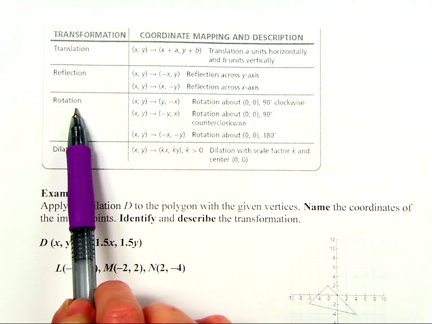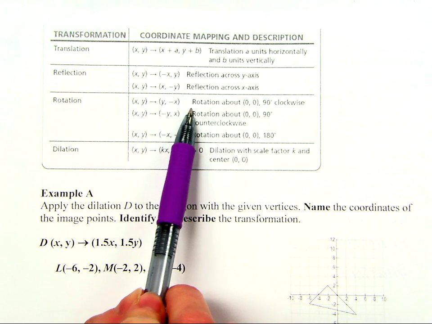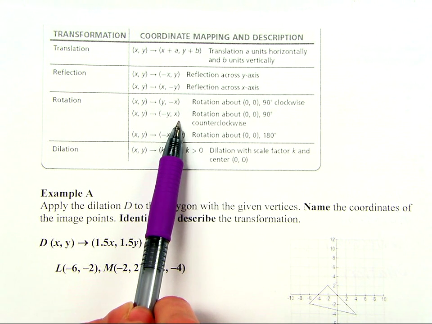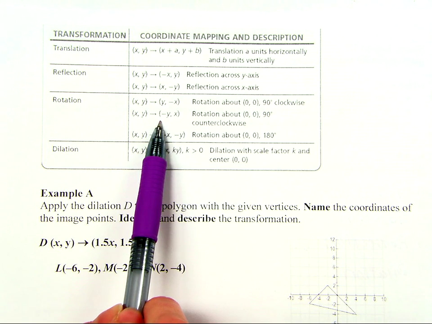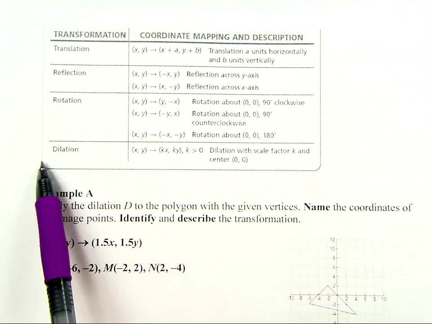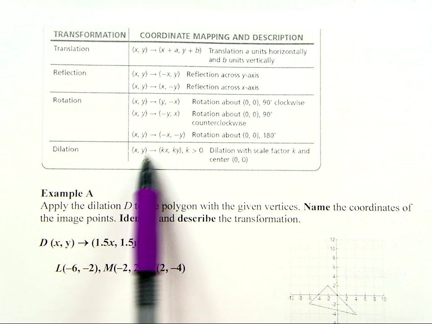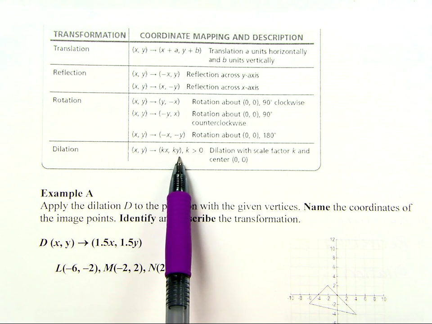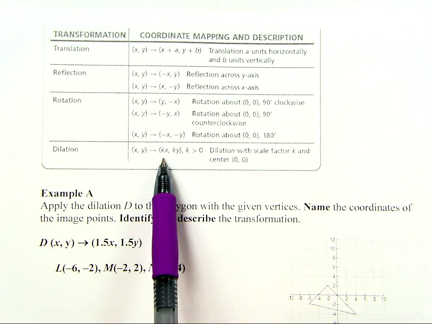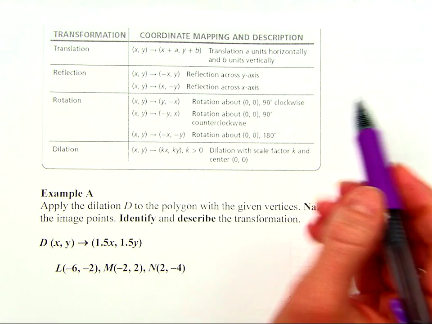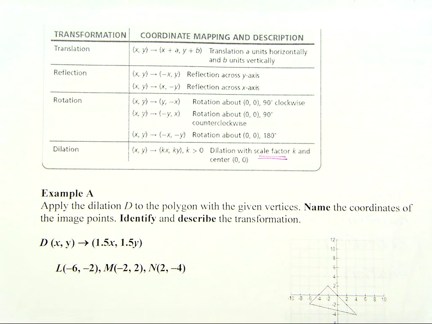The rotation happens when we're either switching our x and our y and adding in our negative. And then finally the dilation rule written in the form xy mapping to kx and ky, where we're going to refer to k as our scale factor.